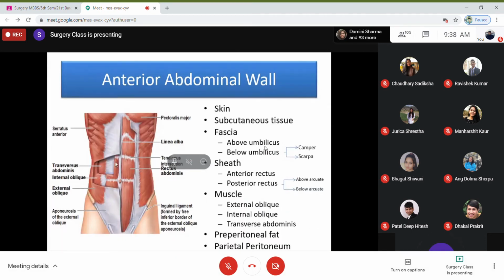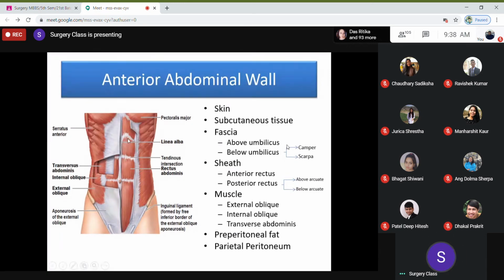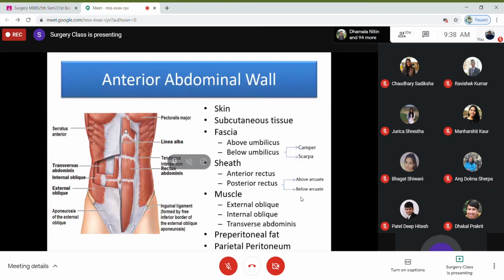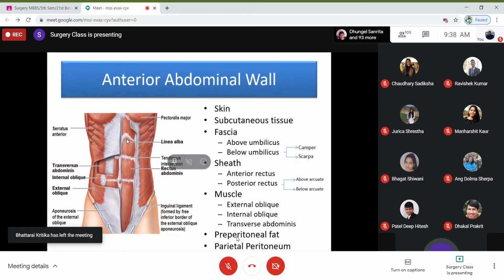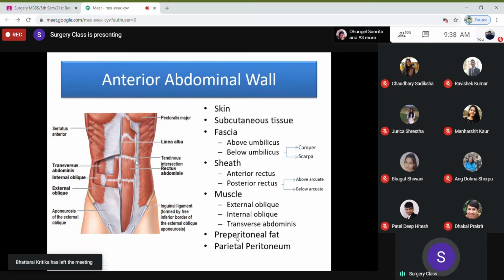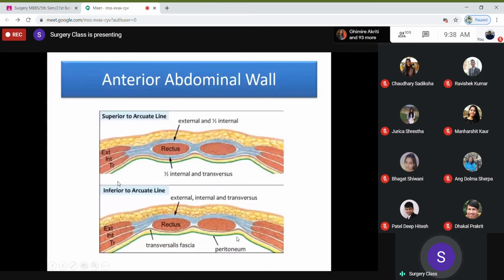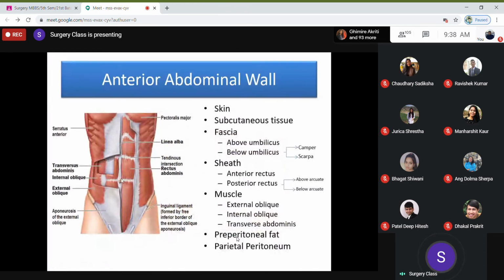They join together, and more medially there is one muscle known as rectus abdominis. These are the tendinous intersections of the rectus muscle, so that it becomes so strong. If you don't have tendinous intersections, it will be a very flabby muscle. Because of this fibrous tissue crossing the rectus abdominis, you will see they are quite strong muscles.